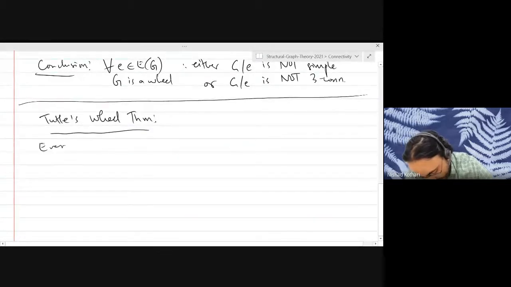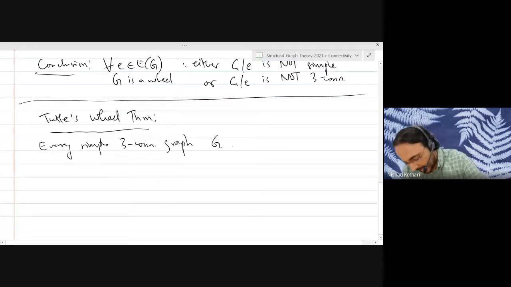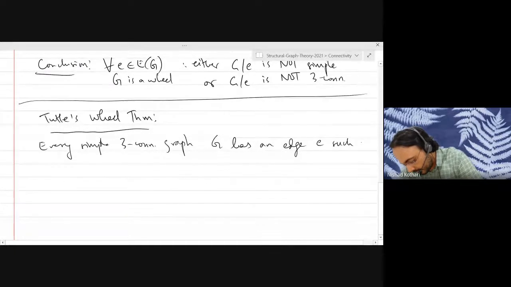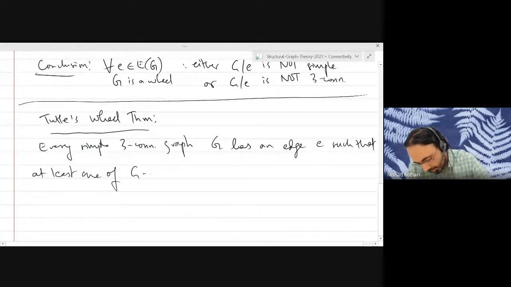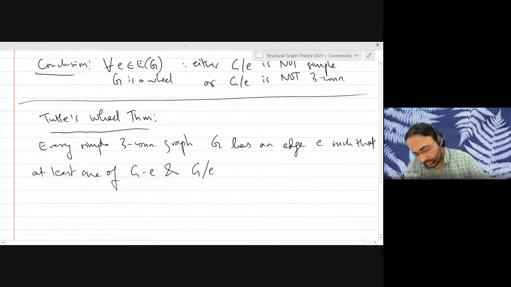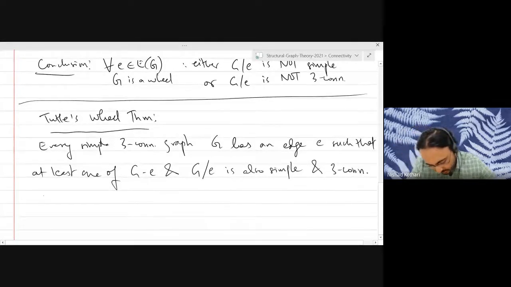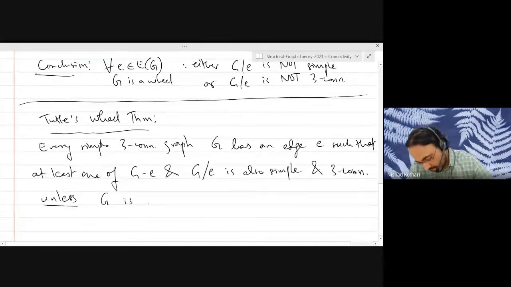Every simple three-connected graph G has an edge e such that at least one of G delete e and G contract e is also simple and three-connected, unless your graph G is a wheel.